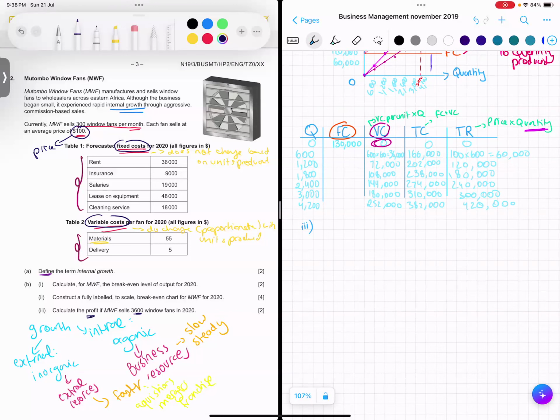So we have profit equals total revenue minus total cost. Total revenue is equal to price times quantity. Our price is 100, our quantity they give to us, 3,600.